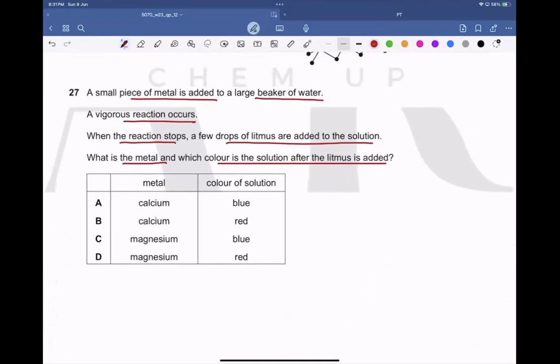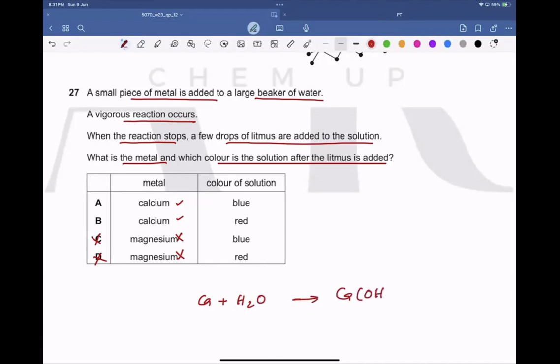So if you are observing the vigorous reaction, then obviously it's a calcium metal, not a magnesium, because magnesium does not react with the cold water. Magnesium reacts with the steam. So if calcium reacts with water, what are the products?